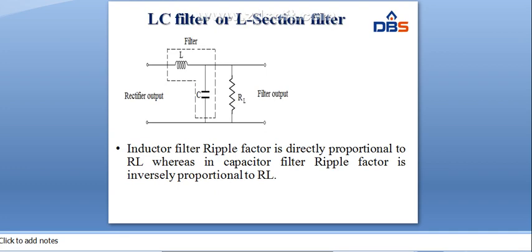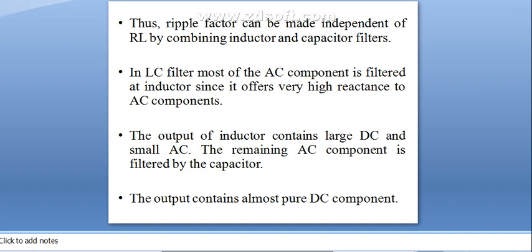In the LC filter, first of all, the rectified output is applied to the inductor. The property of the inductor is that it blocks AC and allows DC, right? So initially, most of the AC component is blocked in the inductor.